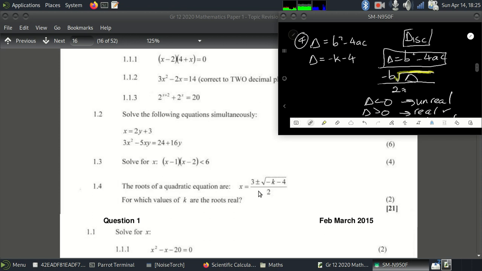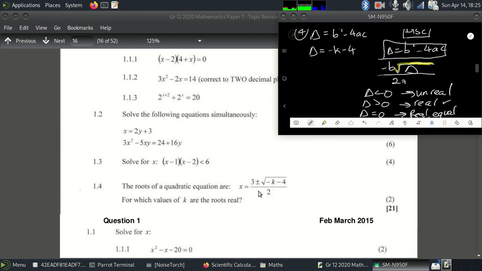So I'm going to make an inequality whereby my discriminant is greater than 0. I'm going to say negative k minus 4 must be greater than 0. And then I'm going to start solving for k in that inequality. First, transposing that negative 4 to the other side, I'll have my negative k greater than 4. But I'm supposed to find the values of k, not the values of negative k.